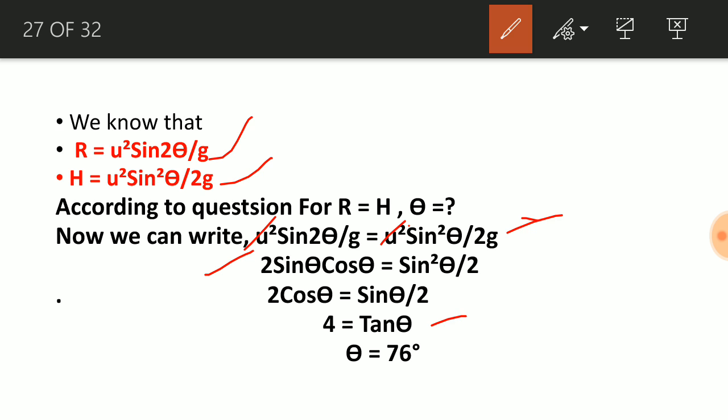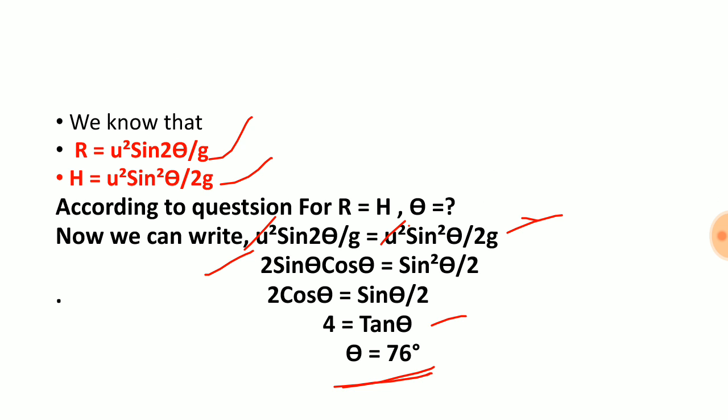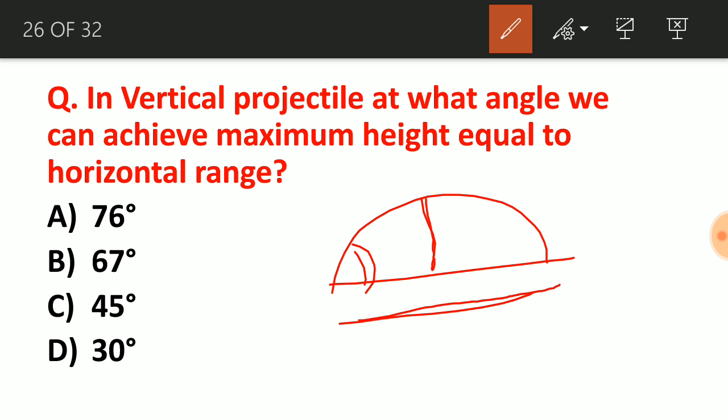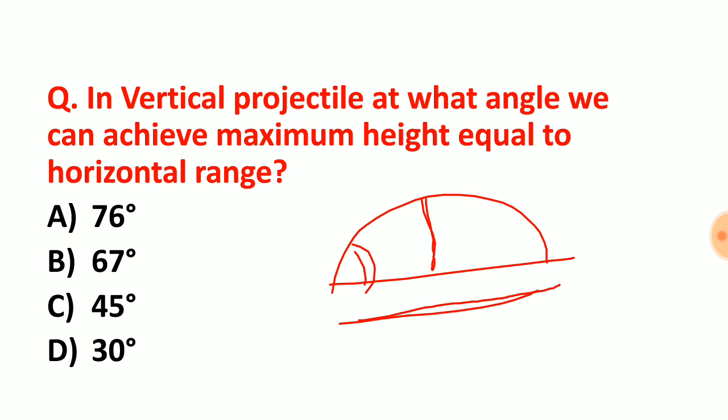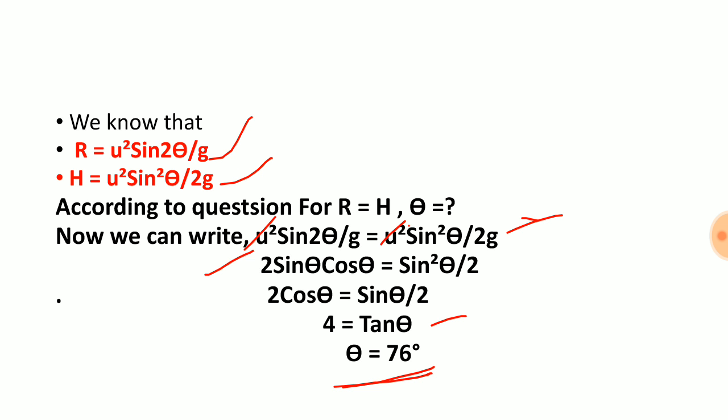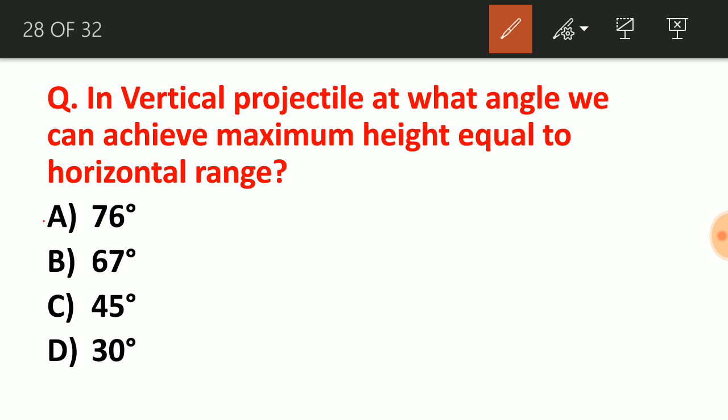After solving this, we will get tan theta equal to 4, and theta will be 76 degrees. If we project at 76 degrees, then we will get this condition: the height is equal to the horizontal range. So the answer for this question is 76. 76 is in option choice A.